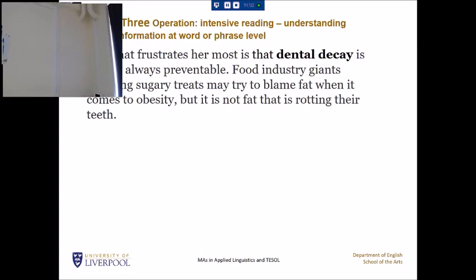We can't say Claire is frustrated. Okay? But the starting point here is definitely Claire. Then you need a verb that describes what Claire feels or is doing.